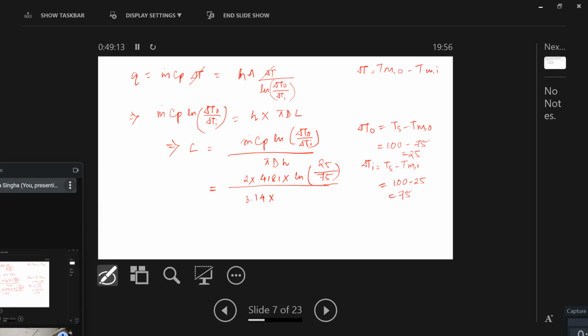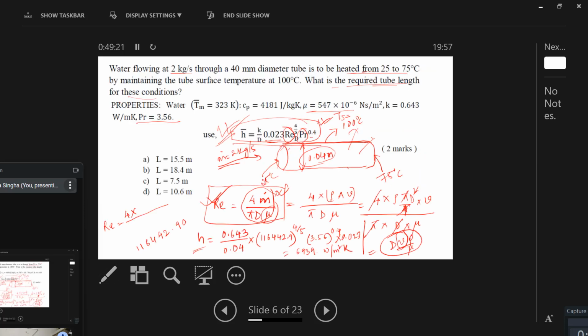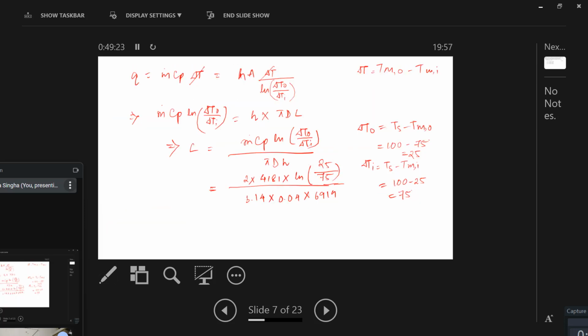So 3.14 into diameter 0.04 into 6939. How much do we get here?